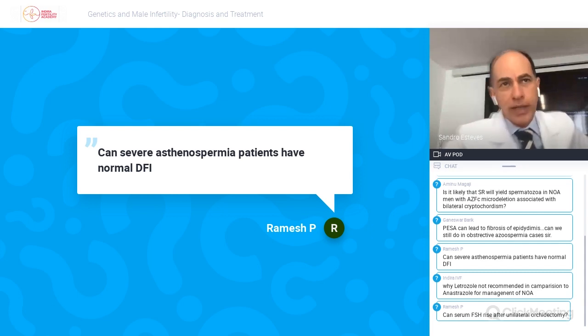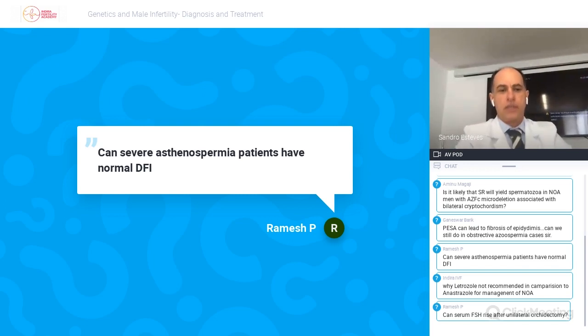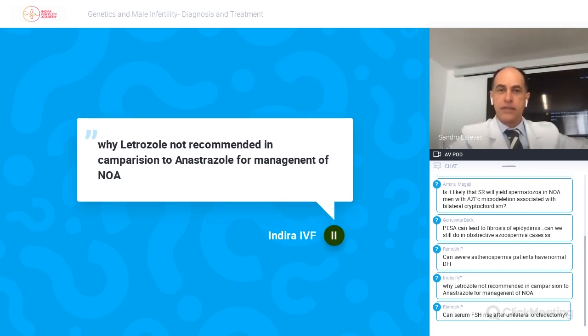In that particular case, the DFI could still be normal. So with the exception of this genetic condition, Kartagener syndrome, in which the motility abnormality is related to a ciliary problem, otherwise you find high DFI related to asthenospermia. This is what you should expect.